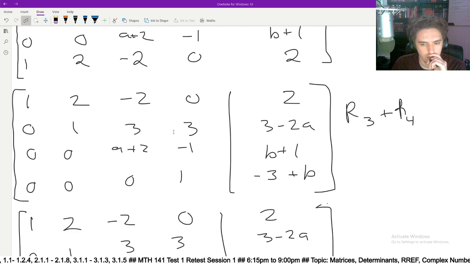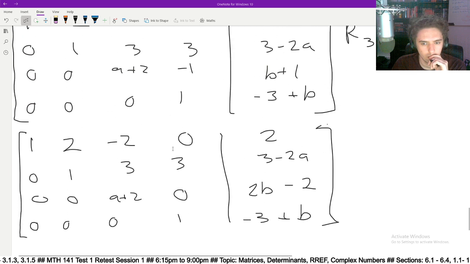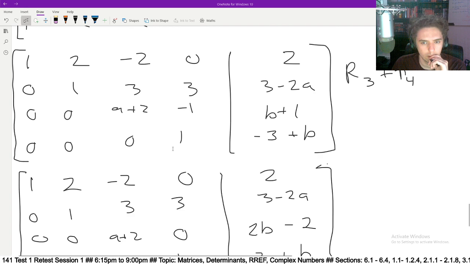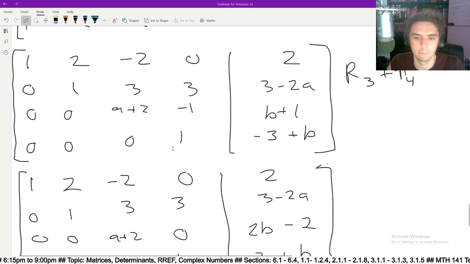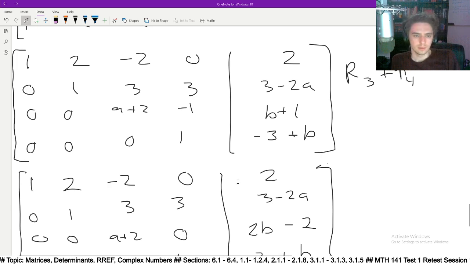And then you get the bottom row to be 0 equals negative 2 plus 2b. Negative 2 plus 2b equals 0 if you want infinite solutions, and if you want no solutions, negative 2 plus 2b does not equal 0.